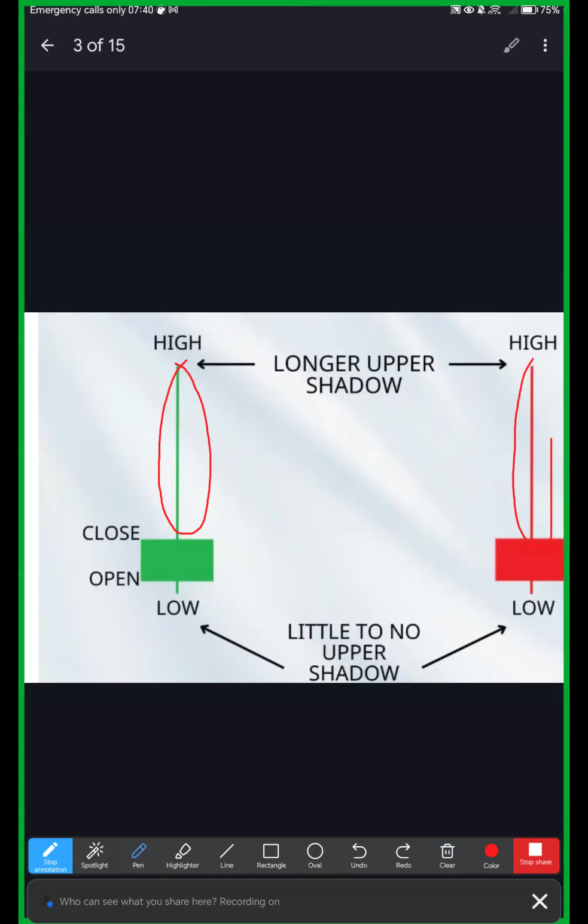The small body and the upper shadow are characteristic of a shooting star. It is a bearish version of the hammer. Please don't confuse shooting star and morning star because they both have star.